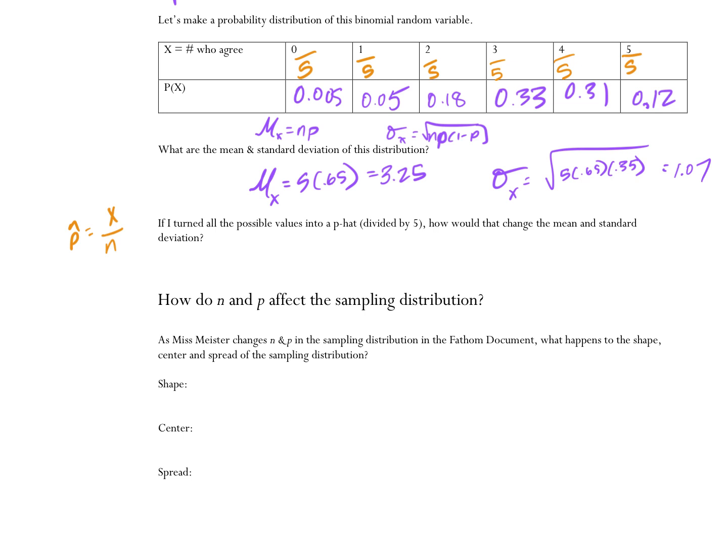And if I divide an entire distribution by 5, what's going to happen to the mean? It's going to get divided by 5. What about the standard deviation? Divided by 5. Because when I multiply or divide, both the mean and the standard deviation change.